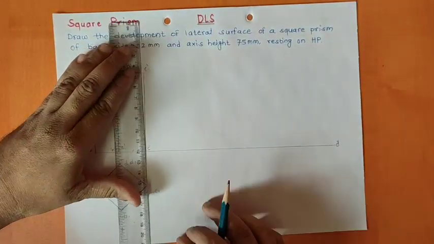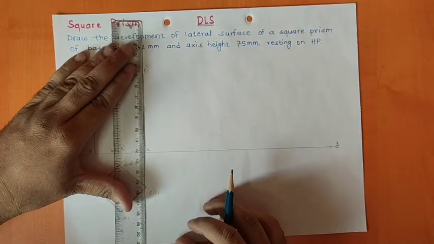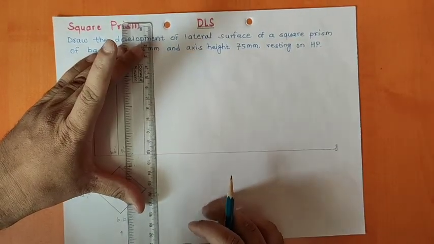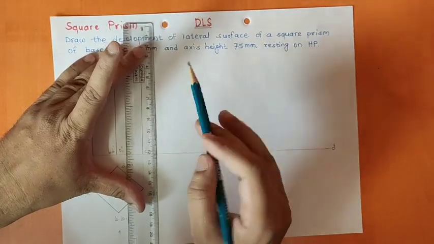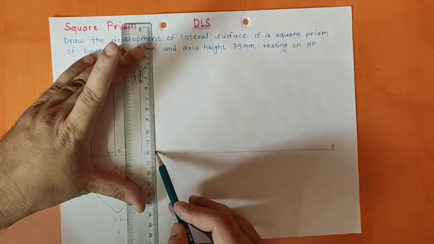Next, parallel to this line, we'll draw another parallel line at some specific distance here.